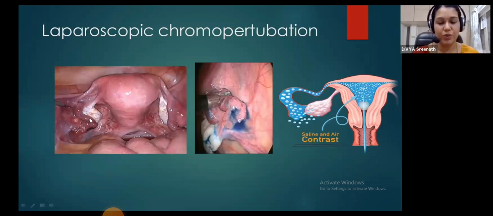We can view that. That is the laparoscopic chromopertubation. Like this, blue dye is injected, and this dye usually absorbs within 3 to 4 hours. Sometimes, as with an HSG, the patient may have mild abdominal discomfort or cramping, but usually this dye gets absorbed in 3 to 4 hours.